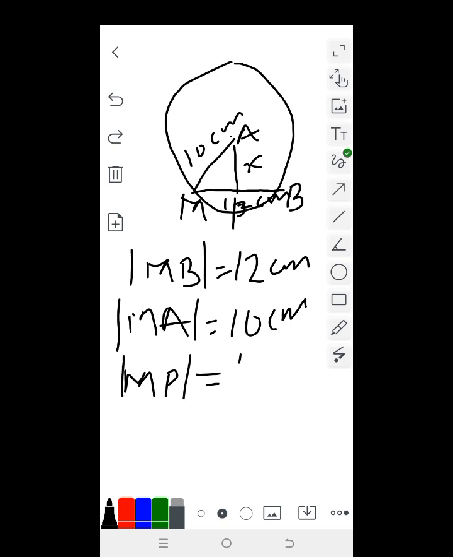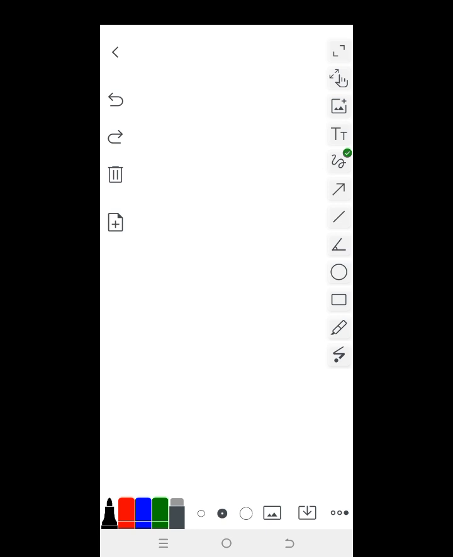Recall, the chord is MB, but the line AP has divided the chord MB into MP and PB, which are actually equal to each other, because the theorem says that this is the midpoint of a chord, and this straight line drawn from the center of the circle bisects the chord into two equal halves. So line MP is equal to line PB. Good.